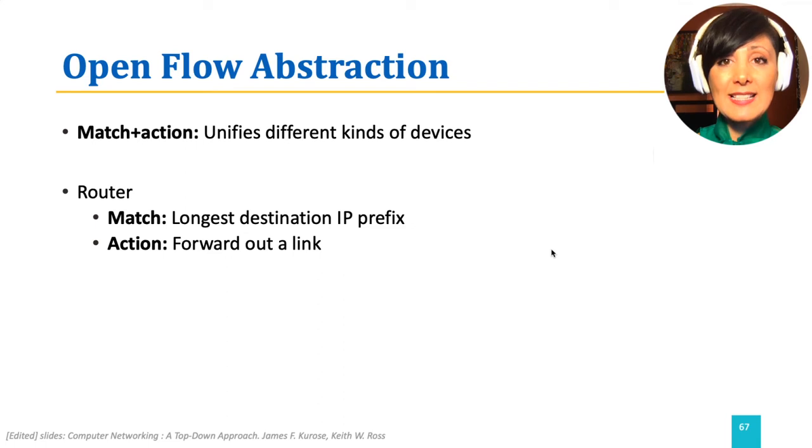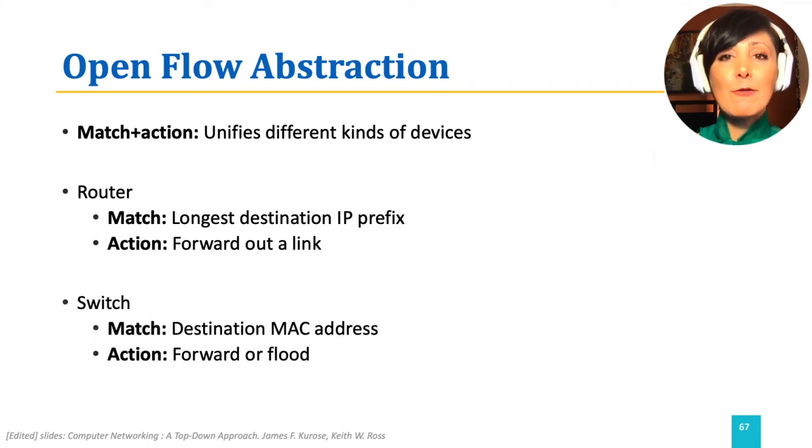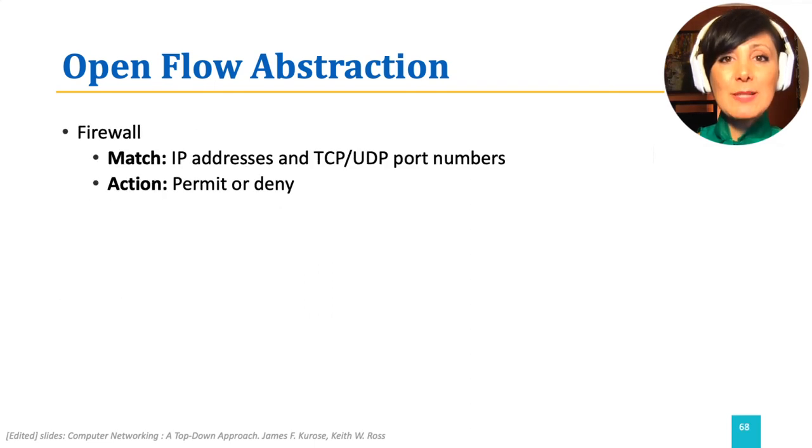It can act as a switch when matching is performed based on destination MAC address and action is forward or flood. It can act as a firewall when matching is performed based on IP addresses or TCP or UDP port numbers and the action is permit or deny.